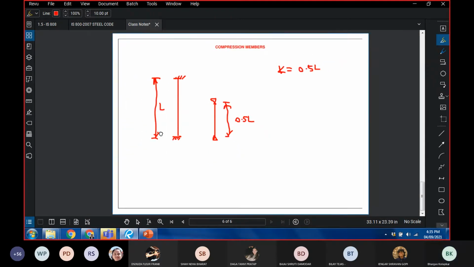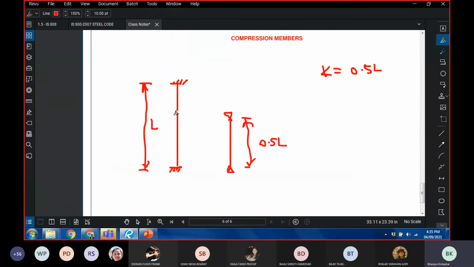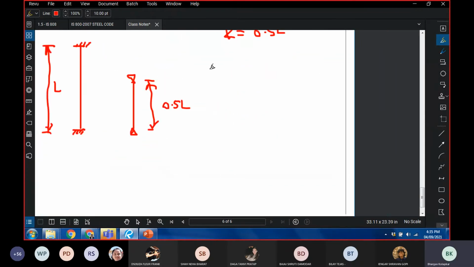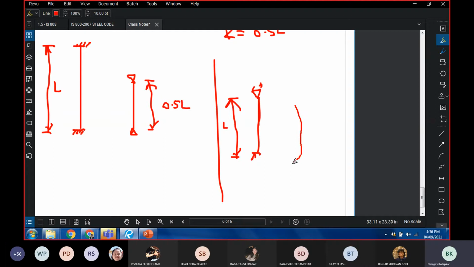Similarly, for a column that has one end as fixed, another end as pinned, and has a length of L, the buckling strength of this column is equal to the buckling strength of a pin-ended column that has a length of 0.7 L.